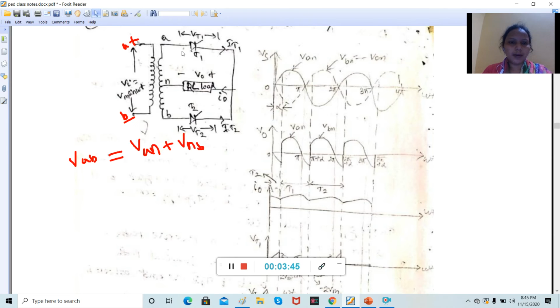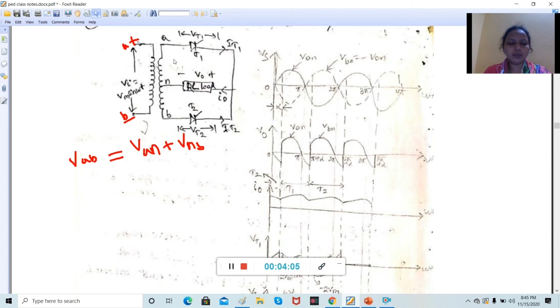So this VAB is divided into VAN and VNB. If A is positive and B negative, that means A is positive with respect to N, and N is positive with respect to B. So in the secondary side we have two waveforms, one VAN waveform and another VBN waveform.